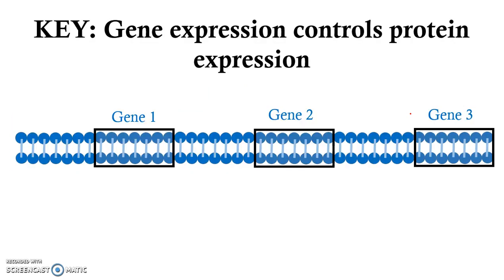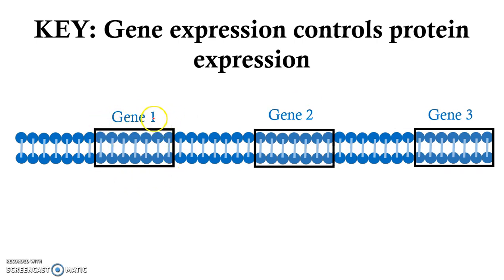One of the key concepts that we'll need to remember in this unit is that gene expression controls protein expression. We already kind of talked about this because we said that DNA is the blueprint of the proteins in our cells. This is really, really important because our DNA, as you can see in the picture, is divided into single genes.